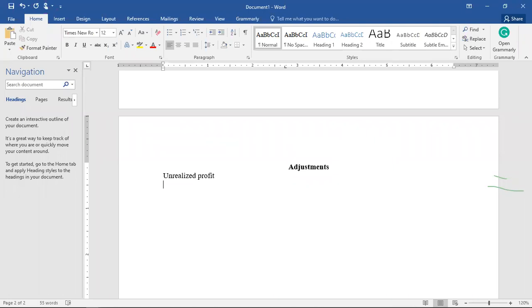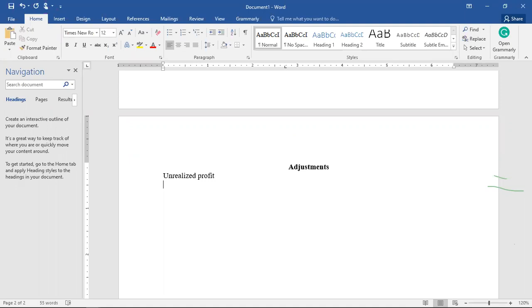If it is the parent who is selling to the subsidiary, 100% will go to the parent. So you must have it at the back of your mind that whatever unrealized profit you calculate will be shared in the ratio 80:20.